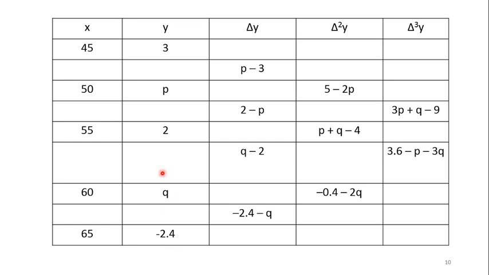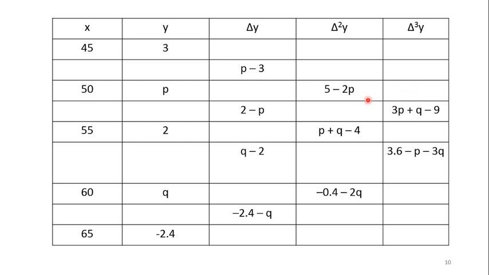Now we prepare the difference table. We know how to prepare a difference table: first write the values of the independent variable as arguments, and then the values of the dependent variable. So 3, p, 2, q and minus 2.4. Now subtract successively: p minus 3, then 2 minus p, then q minus 2, then minus 2.4 minus q.